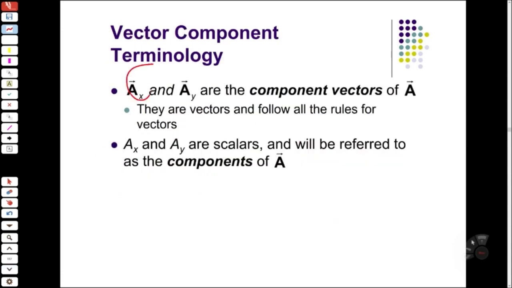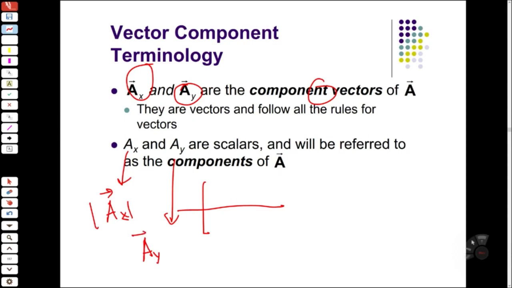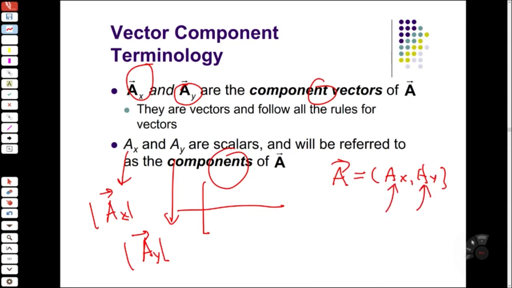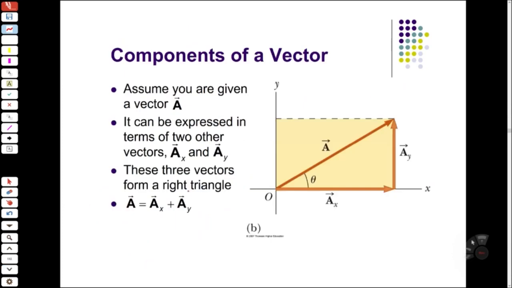So Ax and Ay are component vectors of A. And the magnitude of this Ax is the magnitude of this x vector, and Ay is the magnitude of this vector; these are the components of A. So if you see an expression like this, Ax and Ay, it means that A has x component of Ax and y component of Ay.